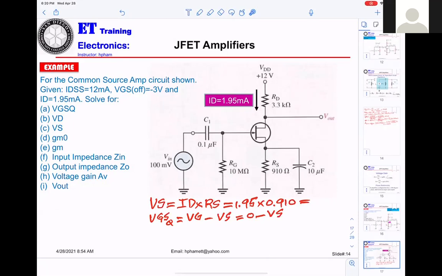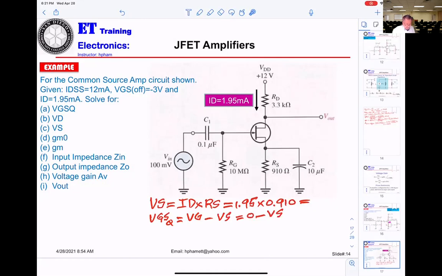But this is self-biased, this circuitry. Exactly. The thing is connected to the ground through the resistor. Okay, I got it, oh yeah, I see. Okay. Thank you.